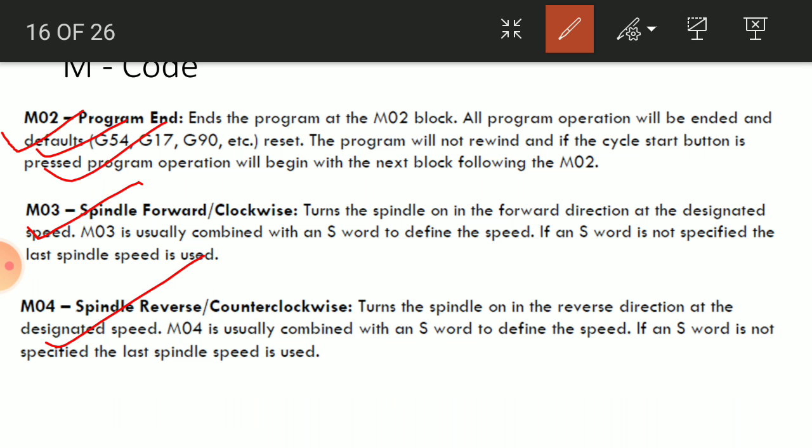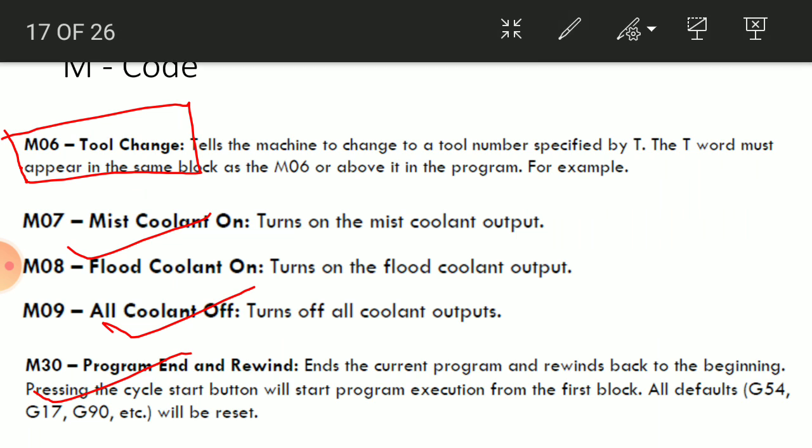And what is the meaning of M30? It is only the ending of the loop or a cycle, or we can say the temporary ending of the program. M30 does not mean that you are going to stop the complete machine or the complete programming. You are just going to stop part of the programming. For that purpose you have to use M30.